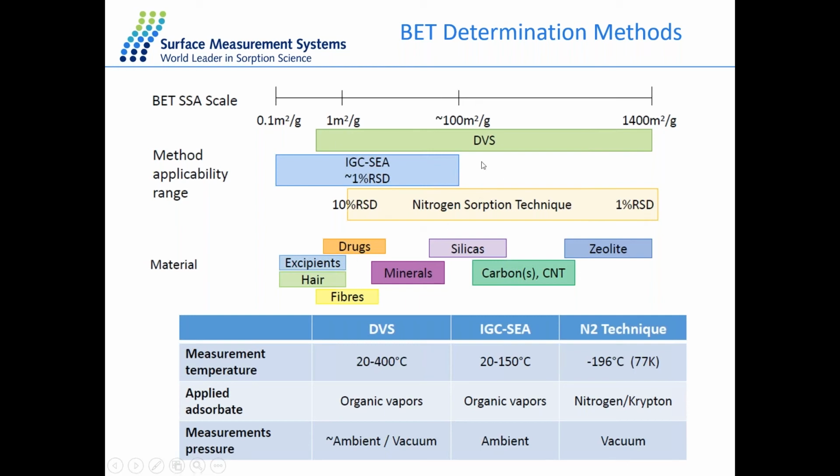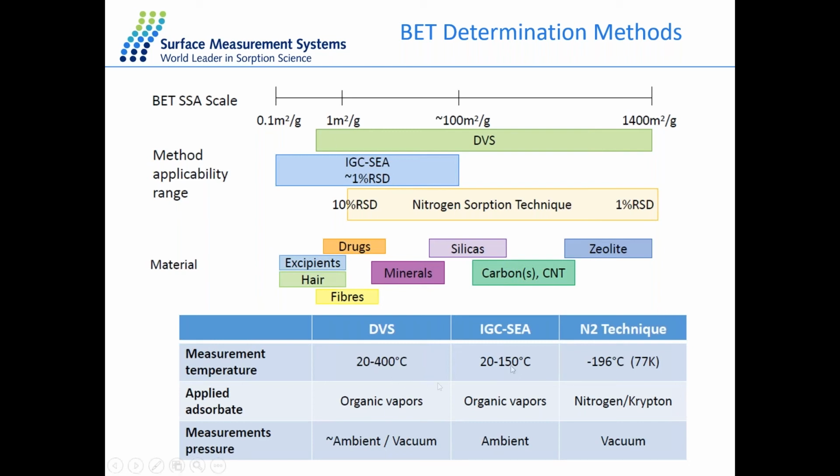However, with the IGC SEA, we can very effectively calculate the BET surface area of very low surface area materials, which is quite a limitation for these two other techniques. So we can go from about 0.1 meter squared per gram to 100 meters squared per gram. And we can understand the BET surface area of a number of different species such as drugs and minerals, excipients, and hair fibers.